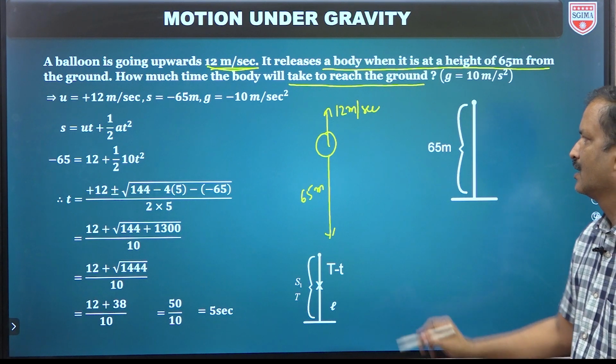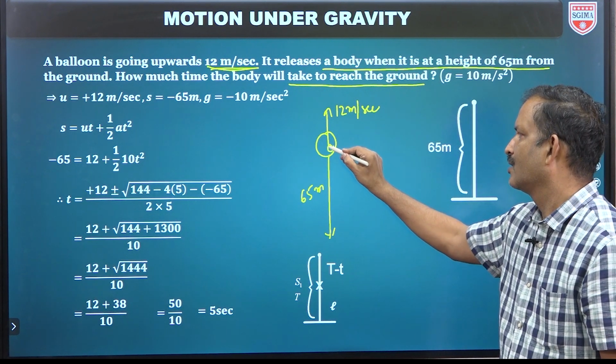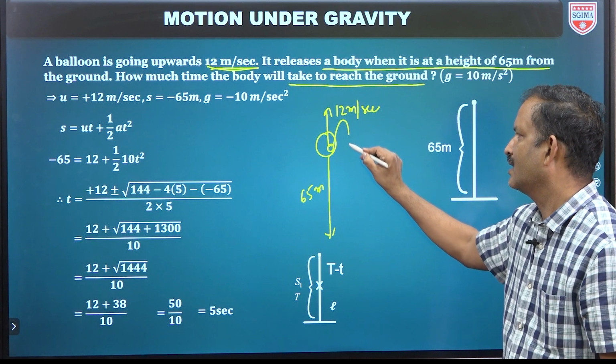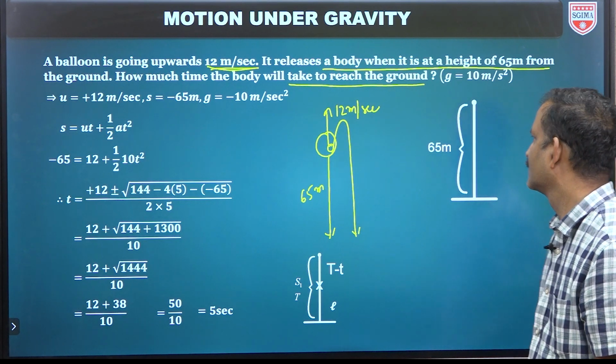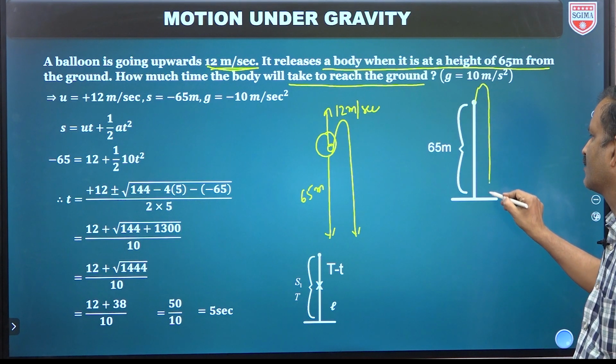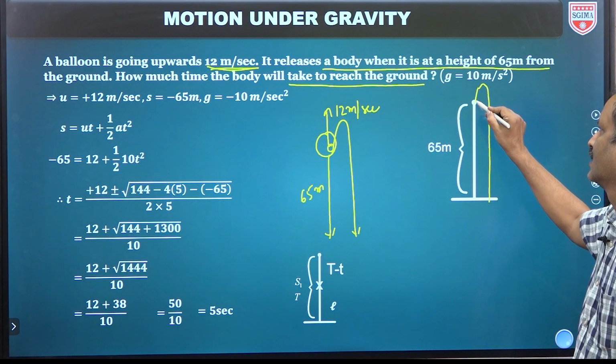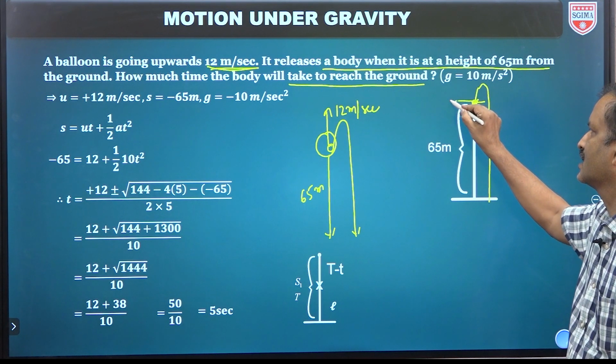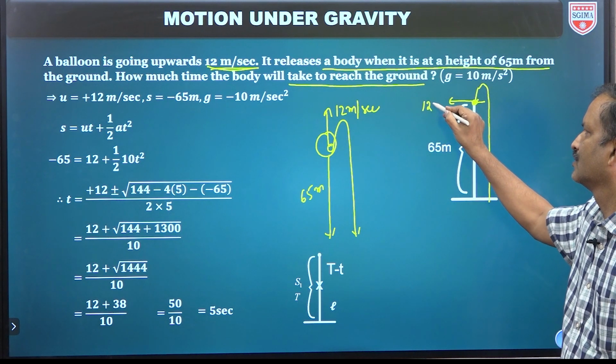Now that body will first go up and then come back. This is nothing but a vertically projected body from the top of the tower. The initial velocity of the body is equal to the initial velocity of the balloon.